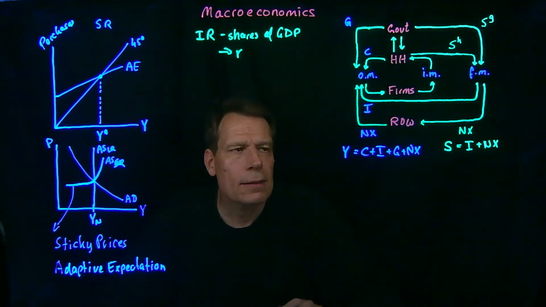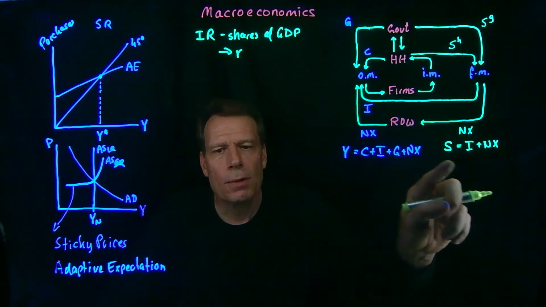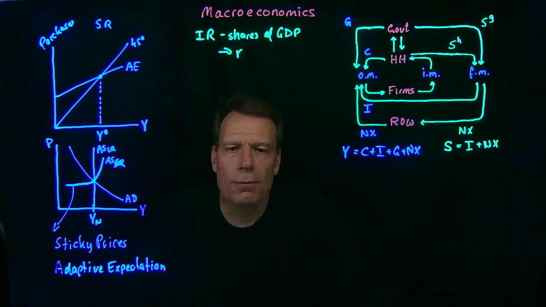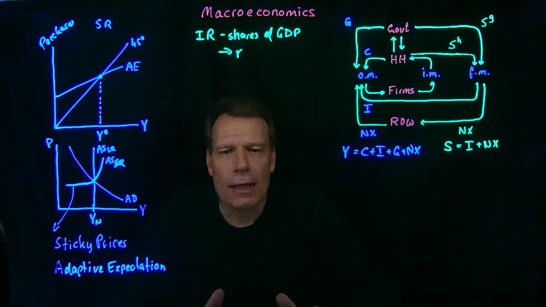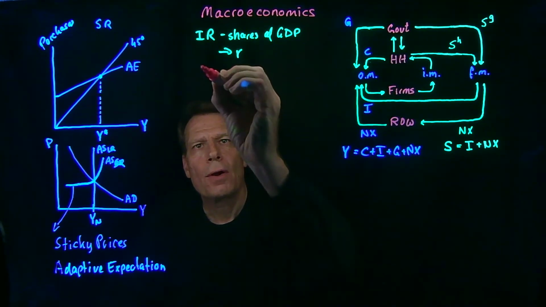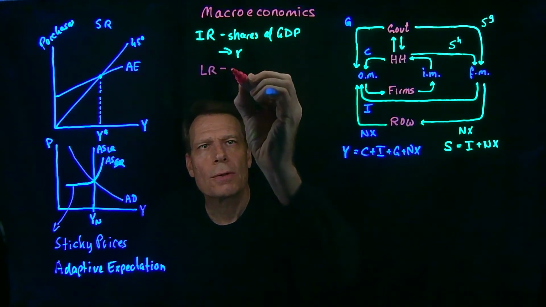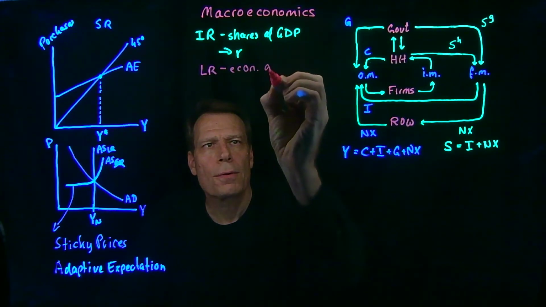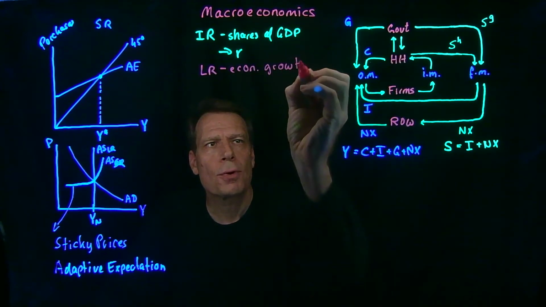And to do that, we use that second equilibrium equation to literally derive an economy-wide demand and supply curve that set the real interest rate. Finally, we talked about the long run, where we're concerned about economic growth, and we developed the Solow growth model.